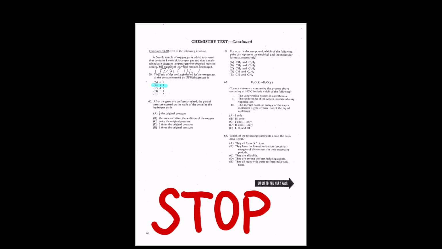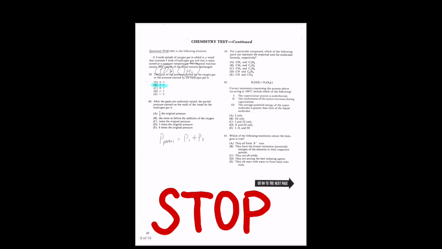Number 60. After the gases are uniformly mixed, the partial pressure exerted at the walls of the vessel by the hydrogen gas is, okay, so the formula for total pressure equals P1 plus P2, and because there are only 2 gases here, right?